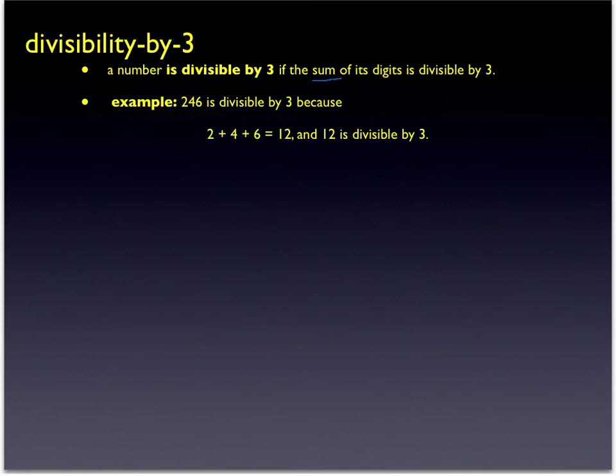So sum is our key word. Sum, add the digits up. So our example, 246, is divisible by 3 because 2 plus 4 plus 6 equals 12, and 12 is divisible by 3.